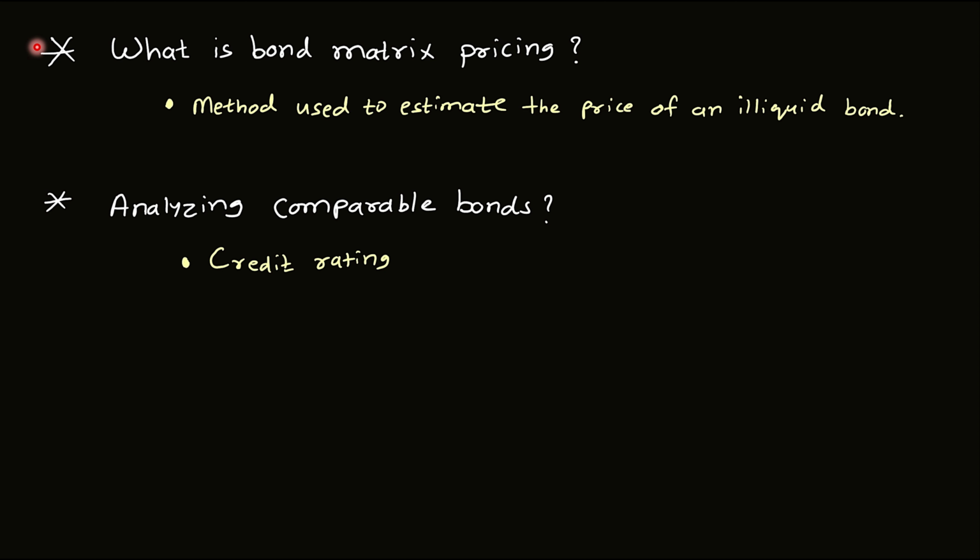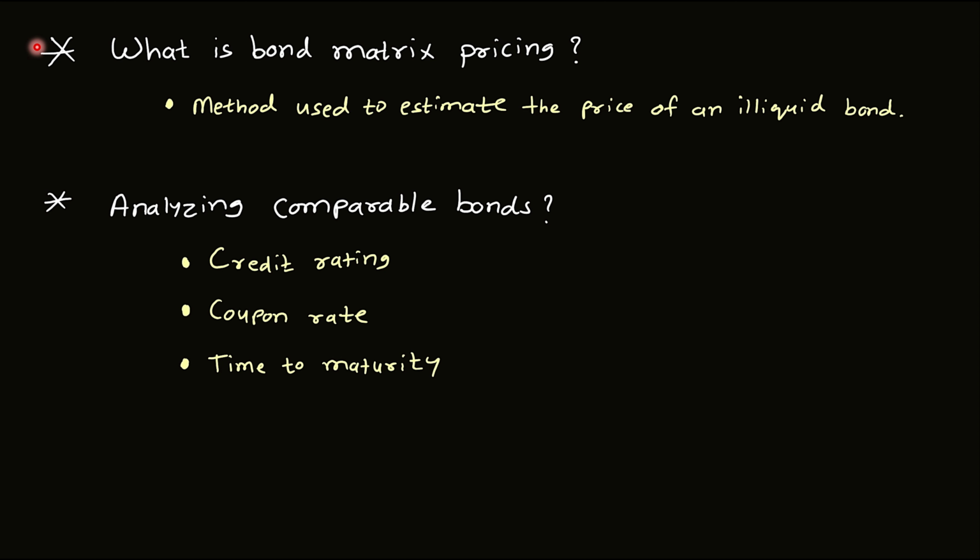Okay, it has to have a similar coupon rate. So if our bond has a fixed coupon rate, we want to find a comparable bond with a fixed coupon rate. Or if it's floating, then we want to make sure we are comparing it to a floating rate security. The bond needs to have the same or similar time to maturity.